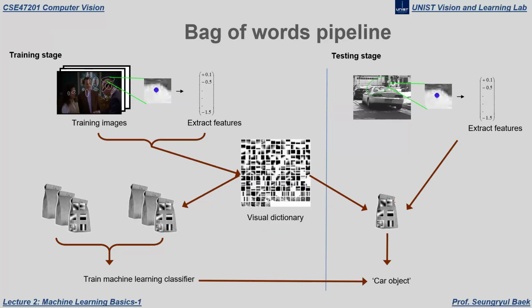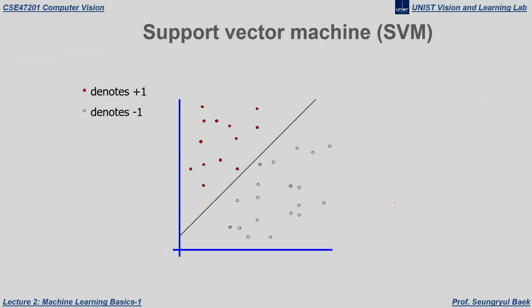And then using the machine learning classifier, we can classify that histogram representation into a semantic class. Are you guys following this? This is the bag of words pipeline for achieving image classification in the early 2010s.